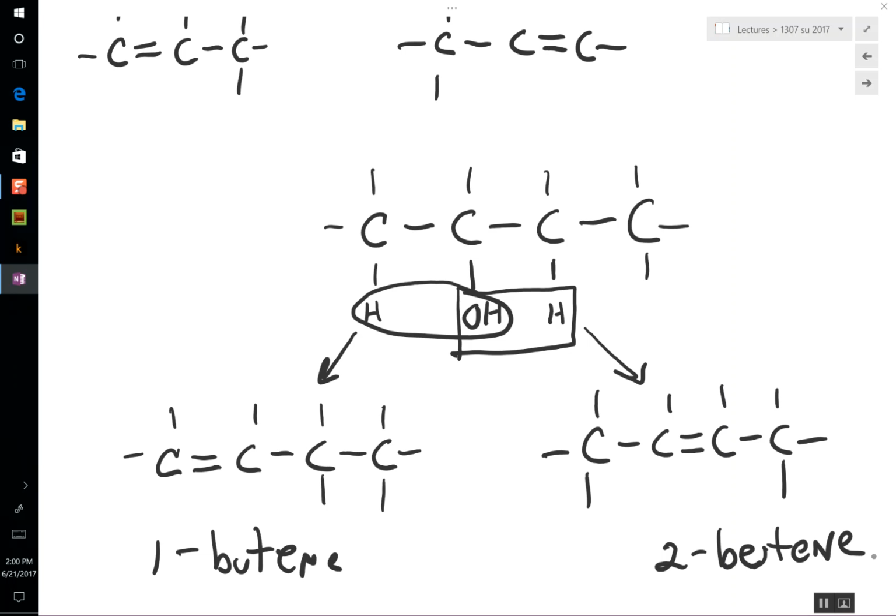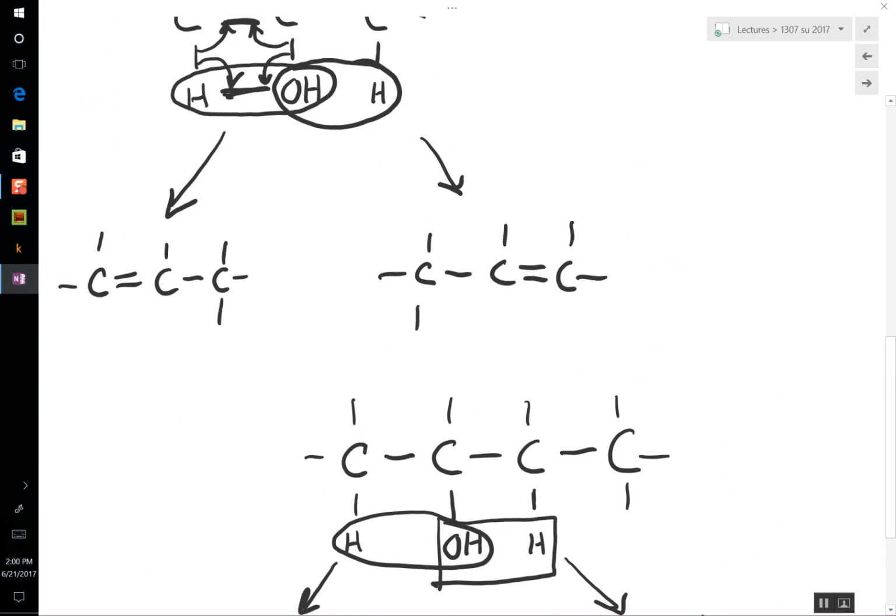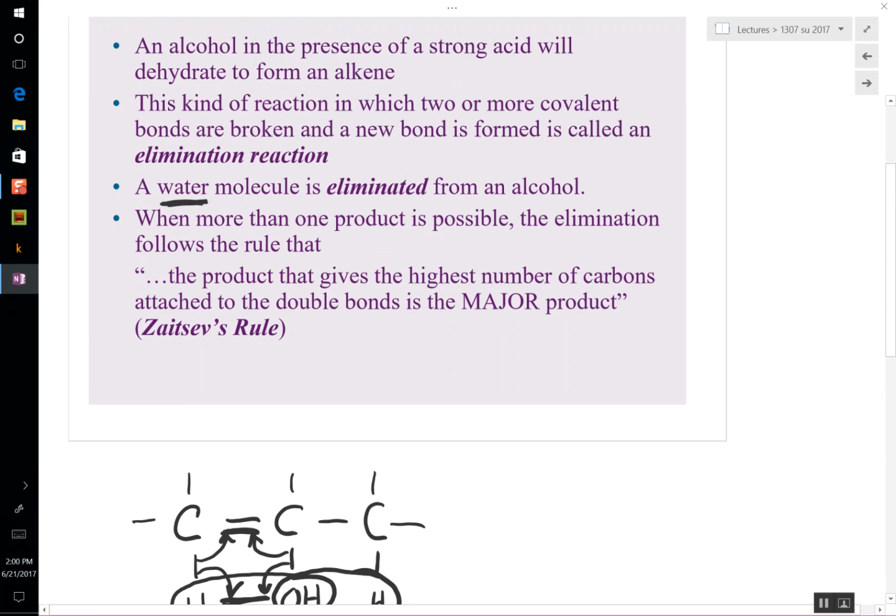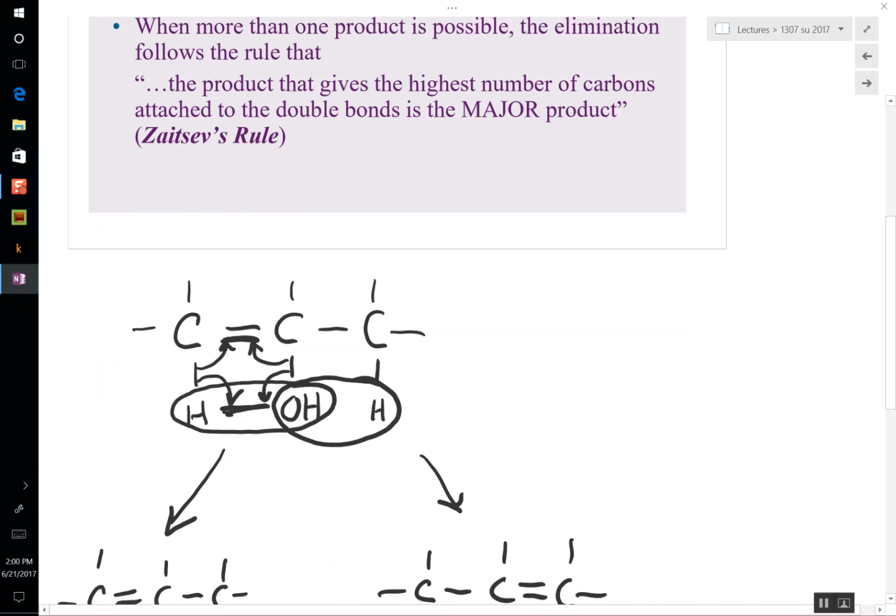And let's see, one is major and one is minor. So let's see what Zaitsev's rule says. Zaitsev's rule: the product that gives the highest number of carbons attached to the double bond is the major product.